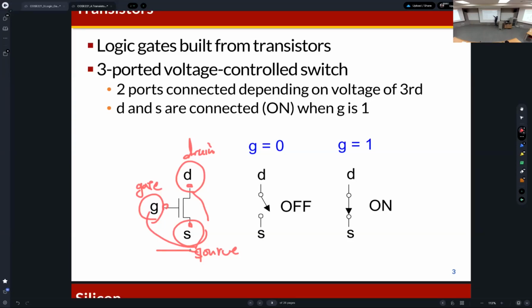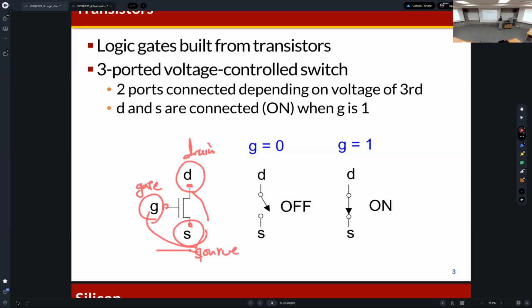If G equals 1, so we provide high voltage to the gate node, then you can observe that D is connected to S, which means that the current can flow through this wire. So this is turned on. This is the basic operation of a transistor.